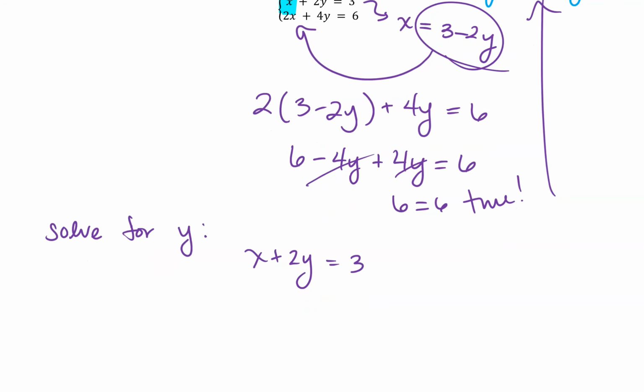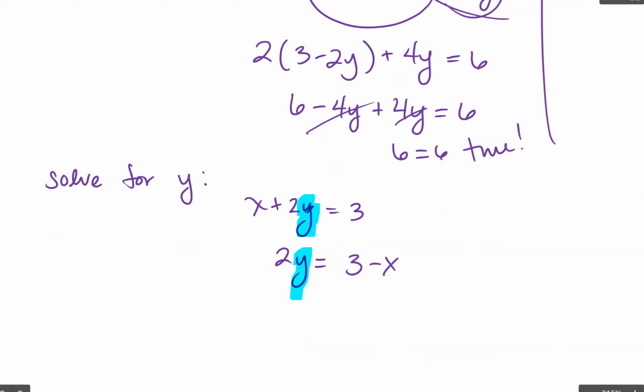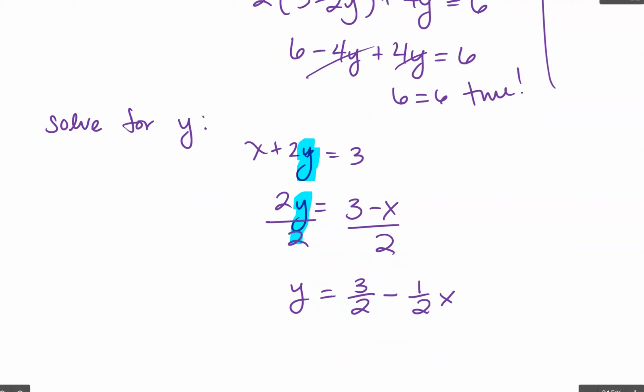So we get 2y is equal to 3 minus x. Remember, we're trying to isolate this y value right here. And then the last thing we need to do is divide by 2. So we get that y is equal to 3/2 minus 1/2 x.